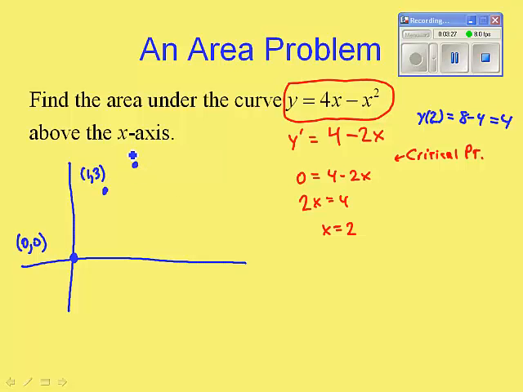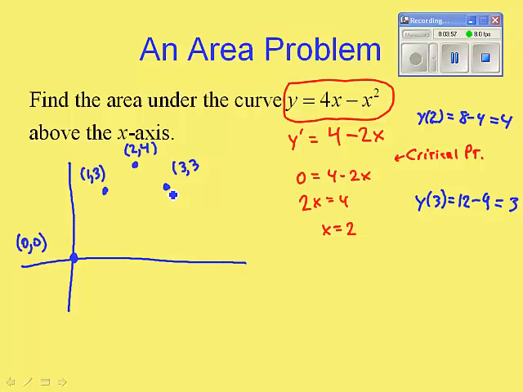And I said that's an important point. That's a critical point, right? 3 comma what? 12 minus 9. Our arithmetic needs some work. All right, here we go. 3 comma 3. Notice it's the same as 1 comma 3, right?